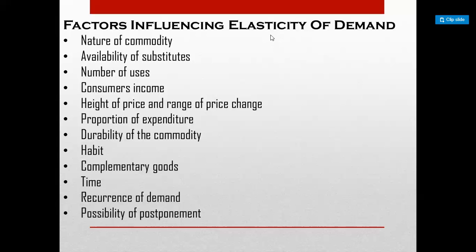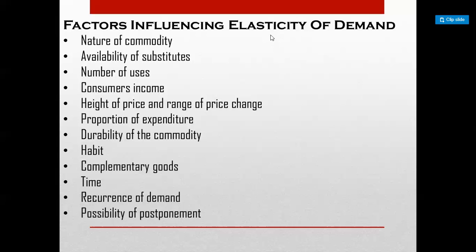Then we can discuss time. Price elasticity of demand is always related to the period of time. It can be a day, a week, any time. Elasticity of demand varies directly with the time period.